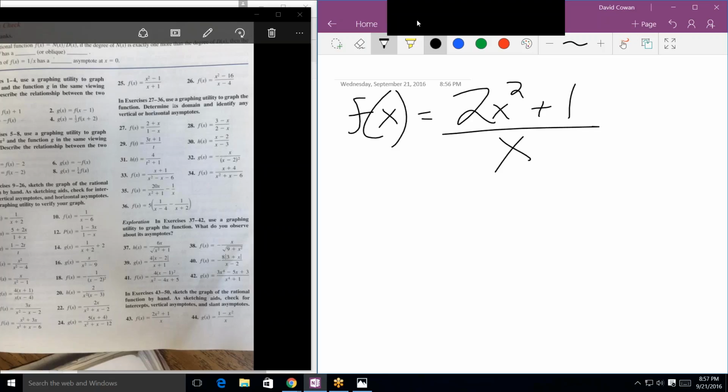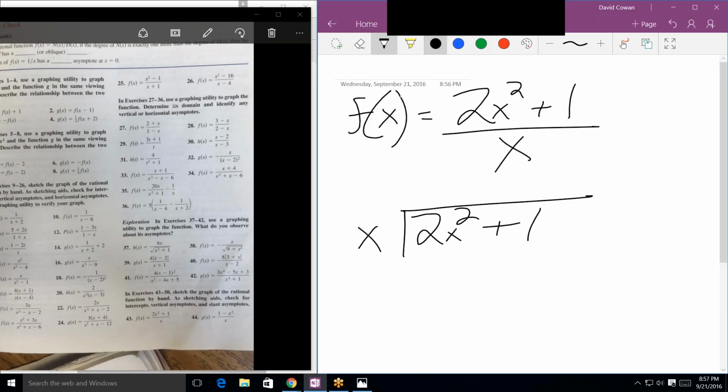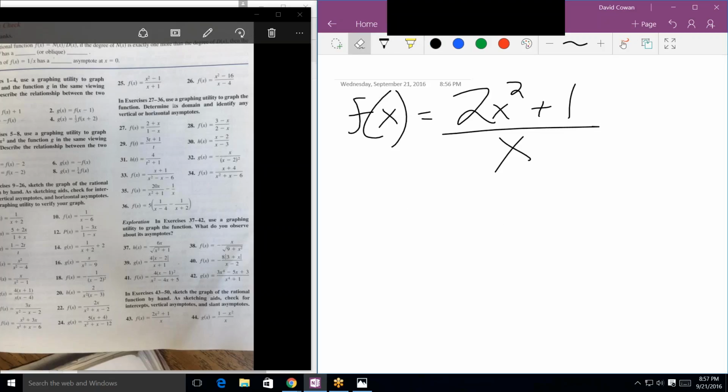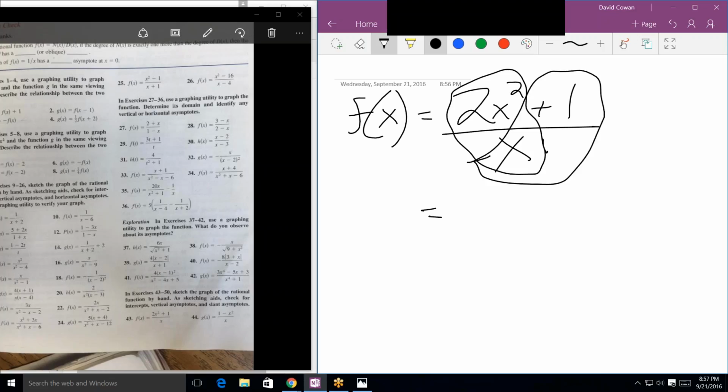That's the first step. In other words, divide x into 2x squared plus 1. Well, I don't actually need to do this long division because I have a single denominator, so I can do that division just by splitting this up into 2 fractions, right? In other words, this is this fraction plus that fraction. So what I really have as a function is 2x plus 1 over x.